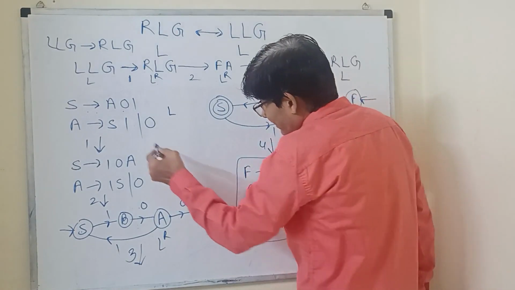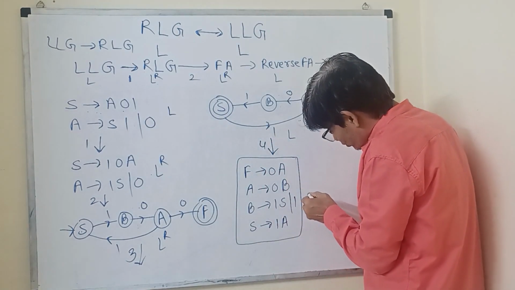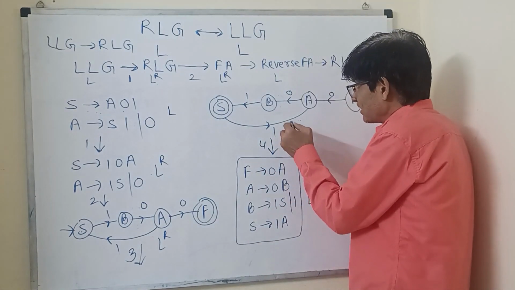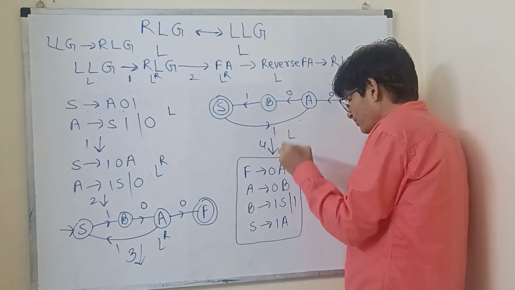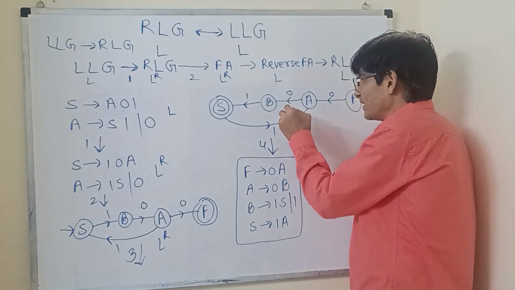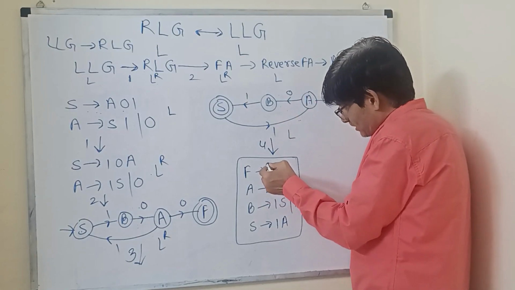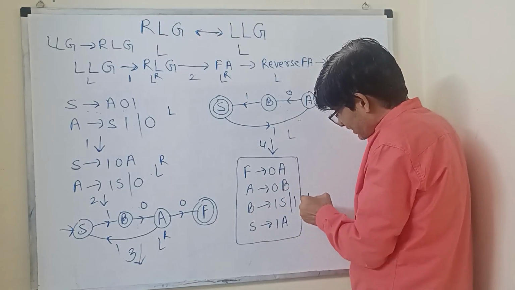Now, the language of this grammar will also be L, as we have found this grammar from this finite automata, and this finite automata is accepting language L. So this grammar will also generate language L.